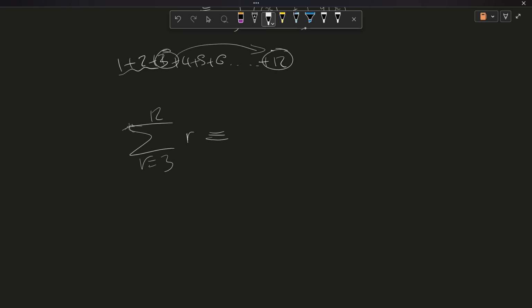So this is identical to the sum from r equals 1 to 12, take away the sum from 1 to 2.